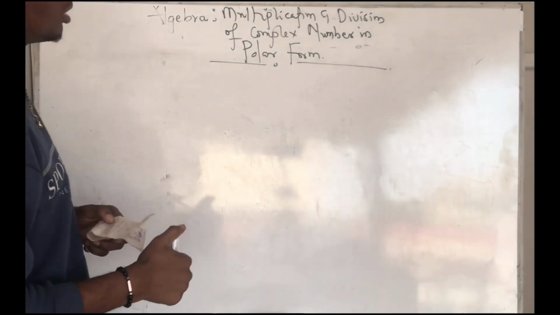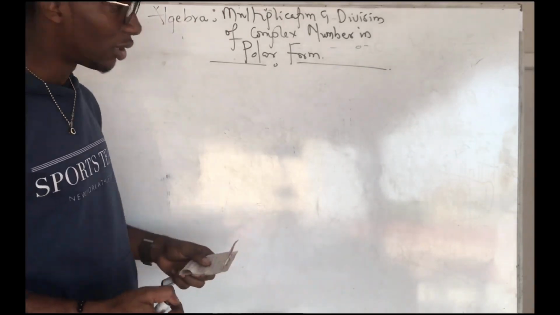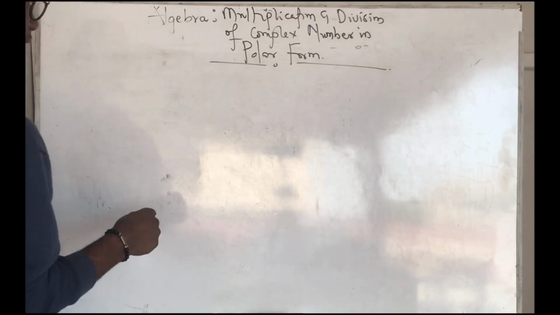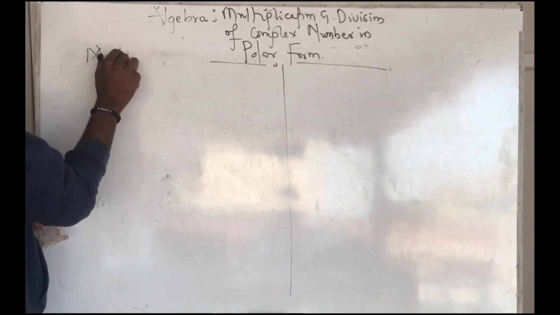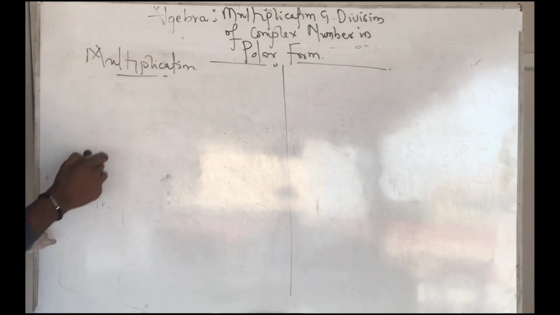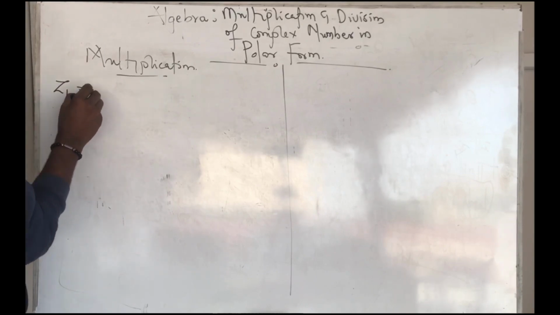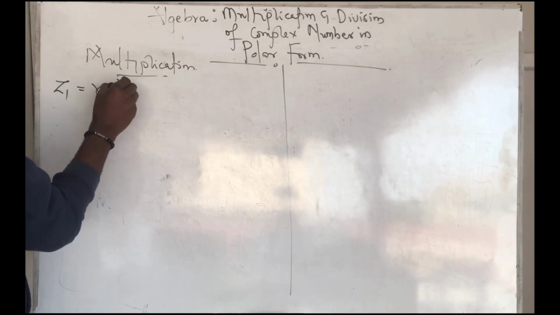Let's look at the multiplication and division of complex numbers in polar form. Let me divide it, and do the multiplication here and the division at the other side.